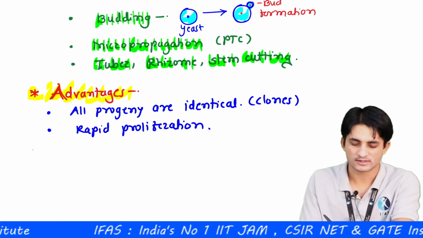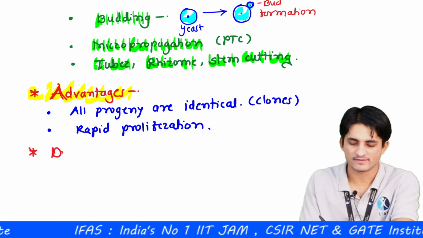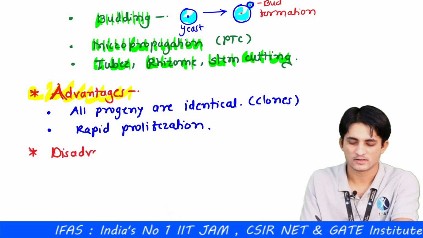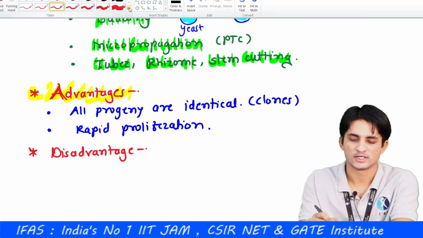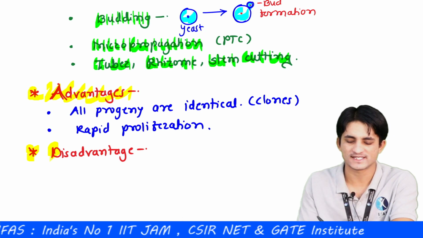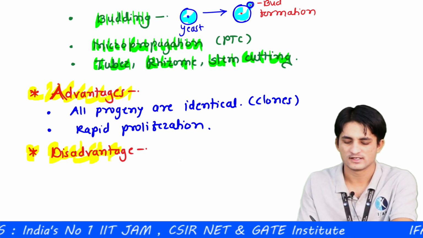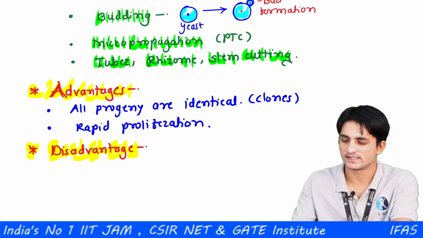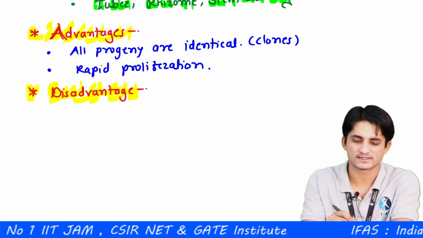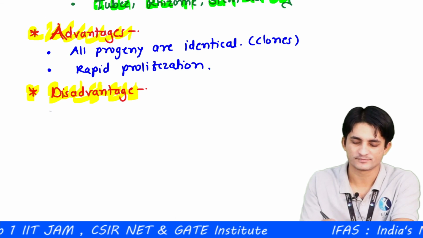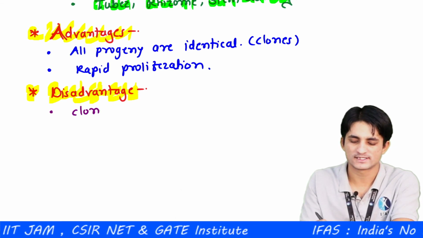asexual reproduction. Now the disadvantage of asexual reproduction. They are more dangerous because the major disadvantage is, whatever the first advantage is, that is its disadvantage, that is clones produced.